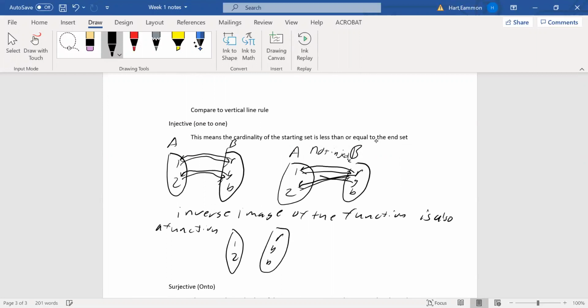So this guy clearly has cardinality 2, this guy clearly has cardinality 3, and if the mapping is injective, then it is impossible for the starting set to have a greater cardinality than the ending set.